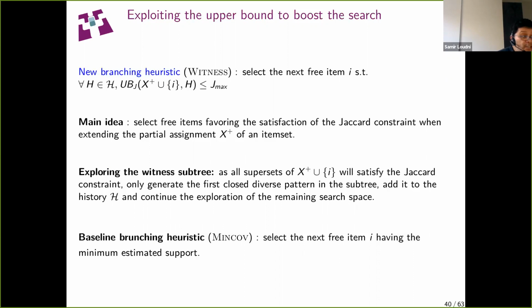As I said before, the upper bound is exploited only to prove the satisfaction of the Jaccard constraint. For example, if we would like to extend the item set X with item I, and the upper bound of this item set with respect to the history H is lower than Gmax, we can infer that the new item set X extended with item I satisfies the Jaccard constraint.